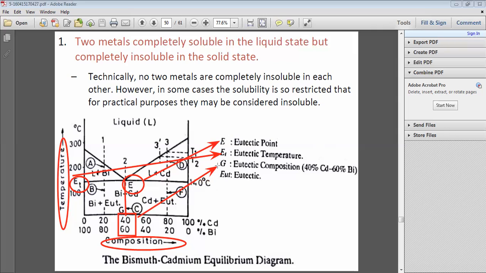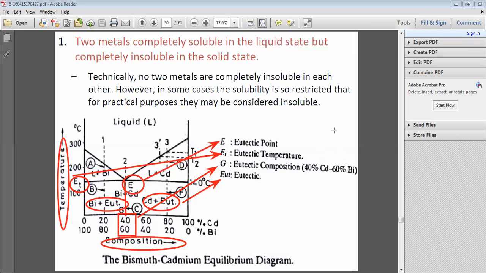Then EUT is your eutectic. So this is bismuth plus EUT. We are getting the EUT. For cadmium, it is getting the eutectic, at 80-20 and 20-80. So this is bismuth plus EUT. For this part we are getting this part and this part, and this is referred to as your eutectic for this case.